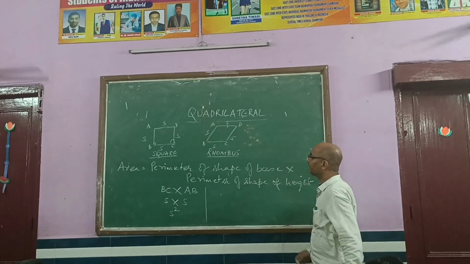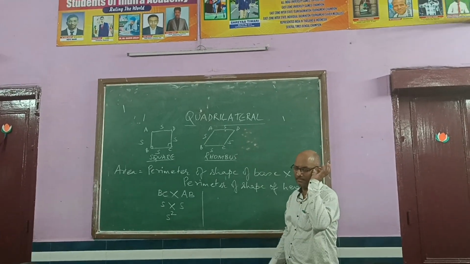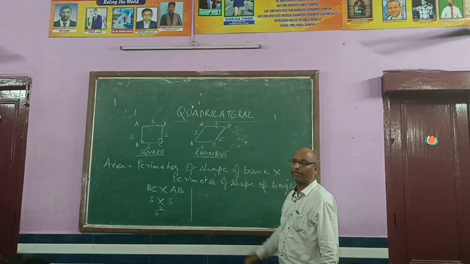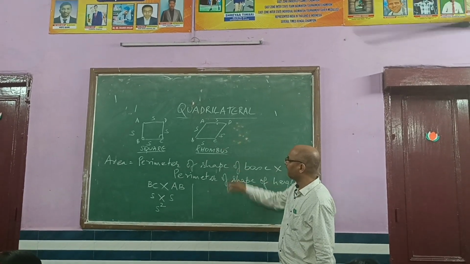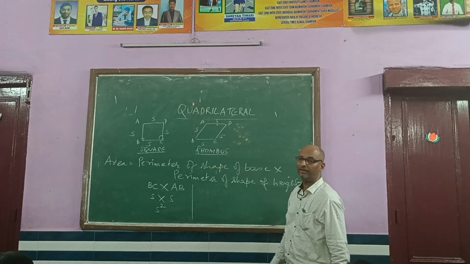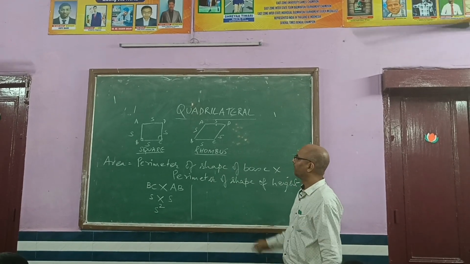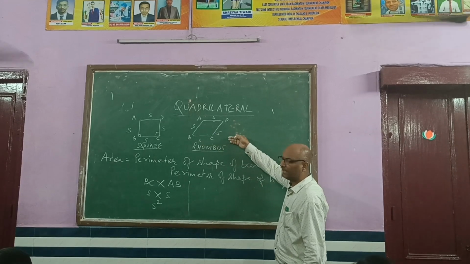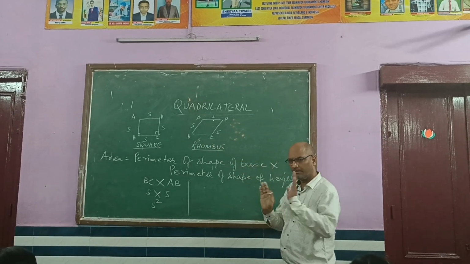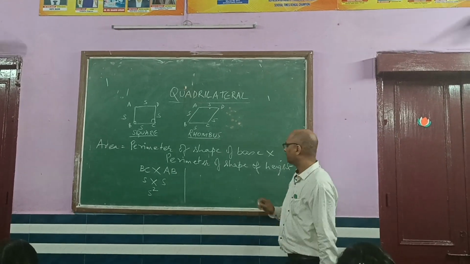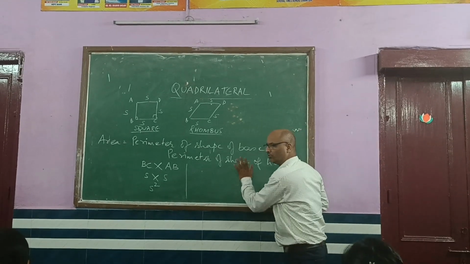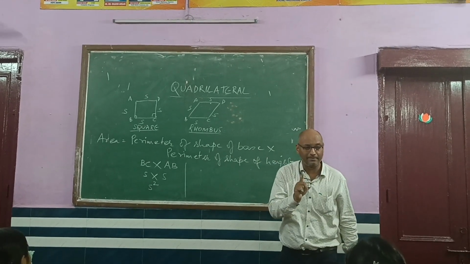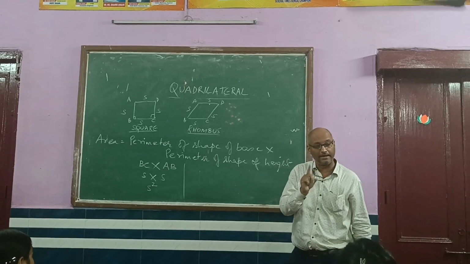Now look at rhombus. What is base? BC. Very good. What is the shape of base? Line segment. So what will be the name? BC, into BC into height. The moment you say height, that means 90 degree.